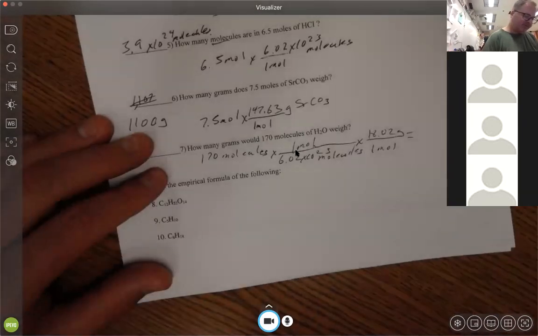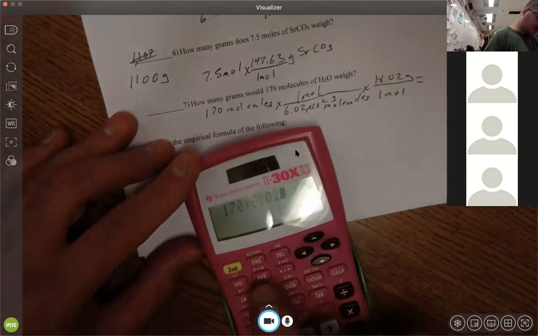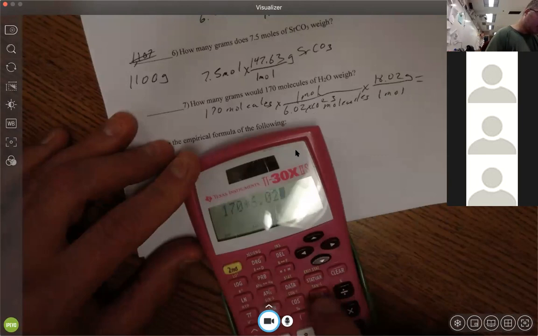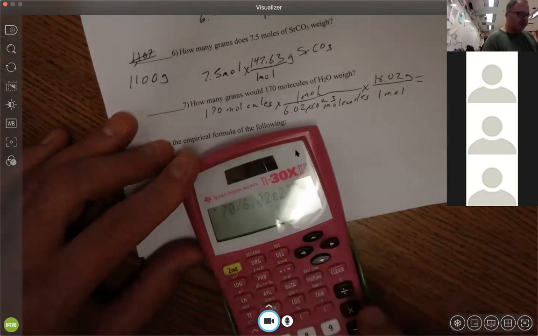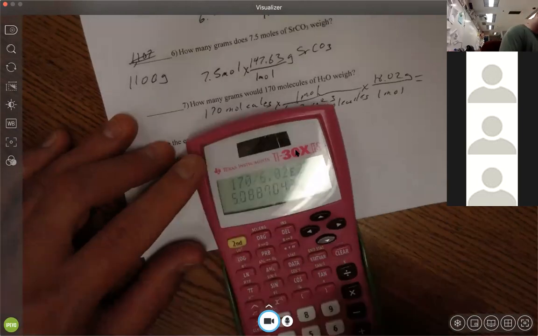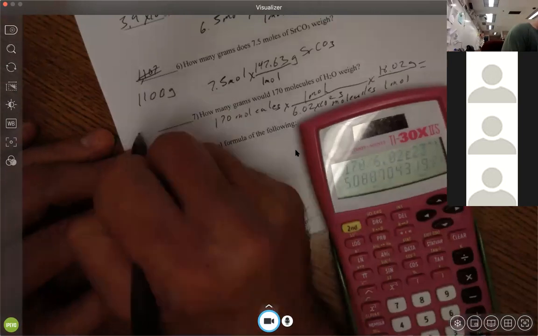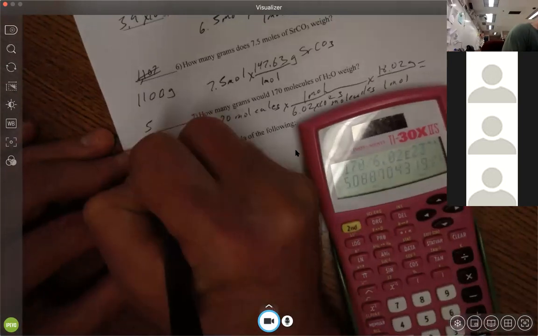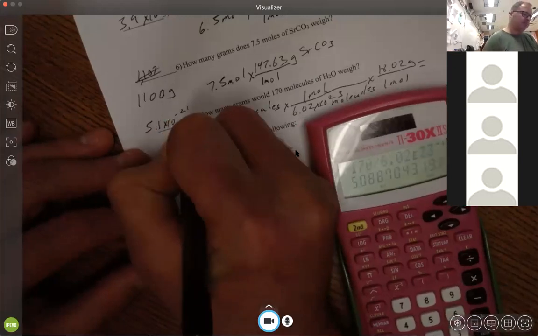So 170 times 18.02, actually it's divided by 6.02 times 10 to the 23rd. It's on the bottom. That's a very small mass, negative 21st, right? So it's 2 significant digits, 5.1 times 10 to the negative 21st grams. It's a very small fraction of a gram.